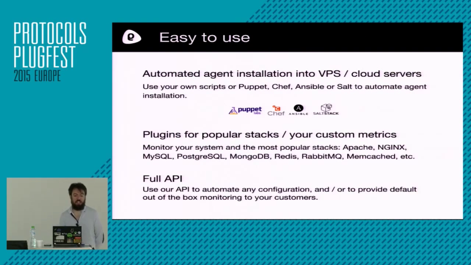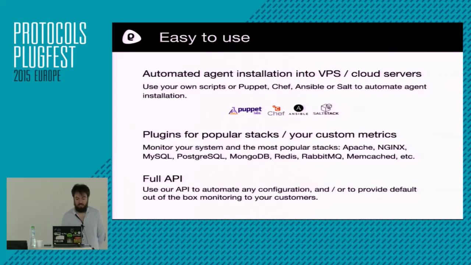What else? Yes, easy to use would be probably the best definition or the best differentiation of Server Density. And we have 3 key points that make Server Density special. Installing the agent is very easy, and it's very adapted to modern workflows.